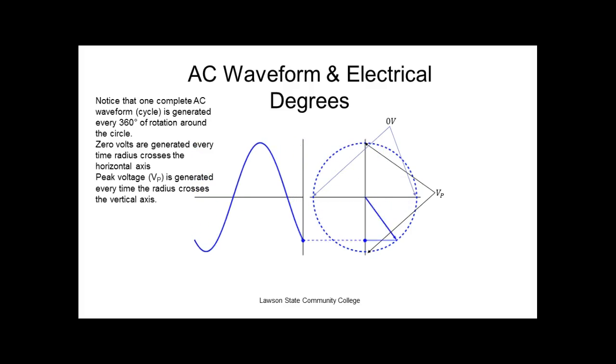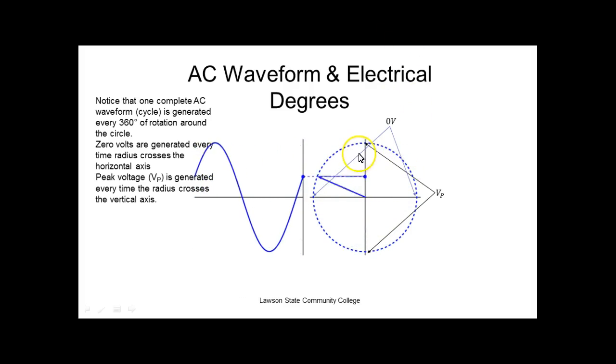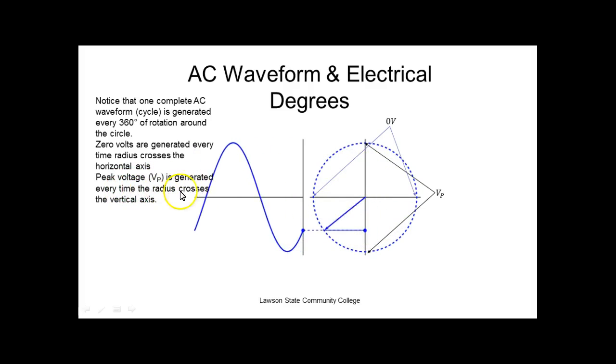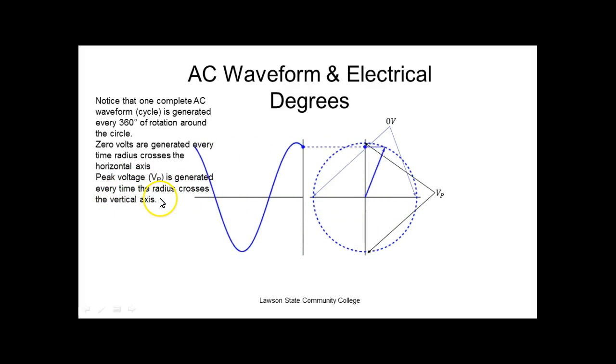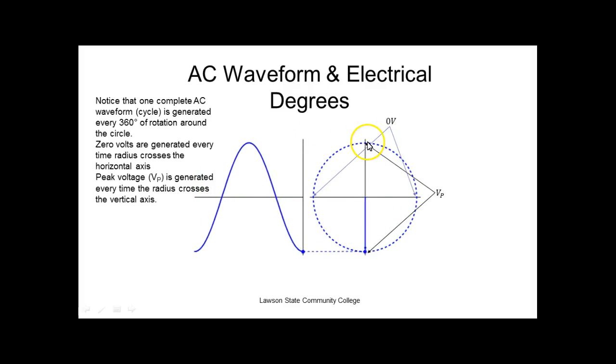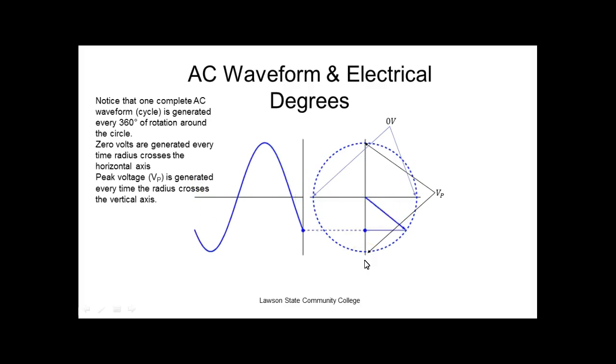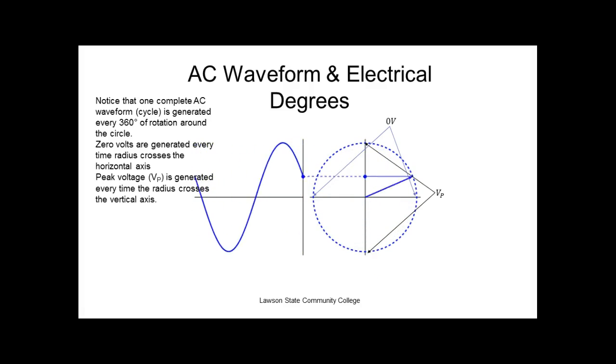The peak voltage, V peak, we call this the peak voltage right here, is generated every time the radius crosses the vertical axis. So we call this positive peak and we call it minus peak. But they're exactly the same value, except they're going to be opposite from each other. So it's a mirror image. So if my positive peak is 10 volts, my negative peak is going to be what? Minus 10 volts. That makes sense.